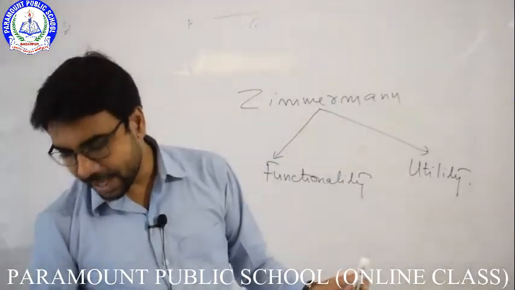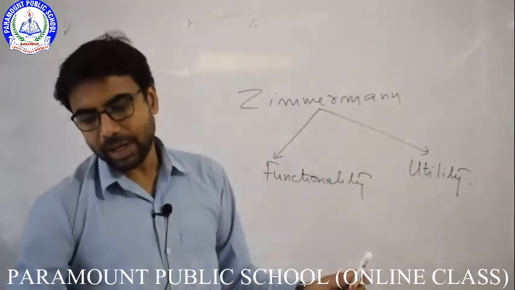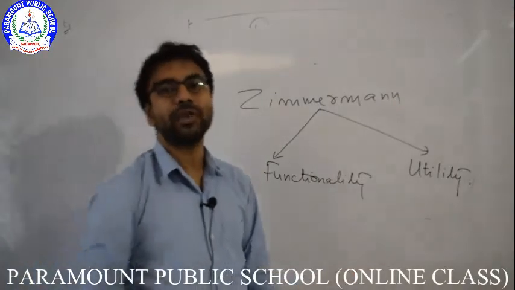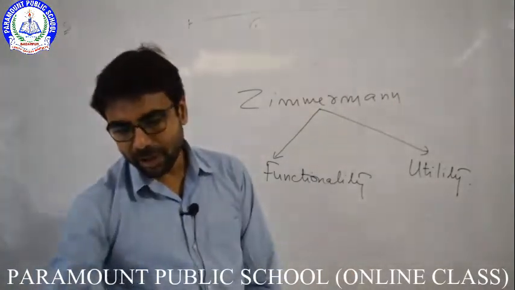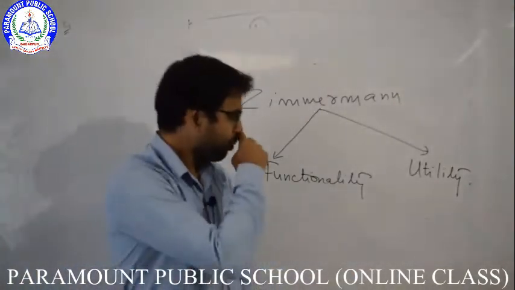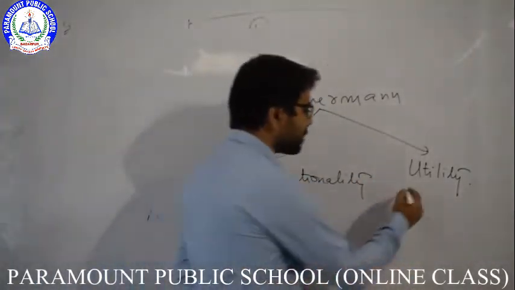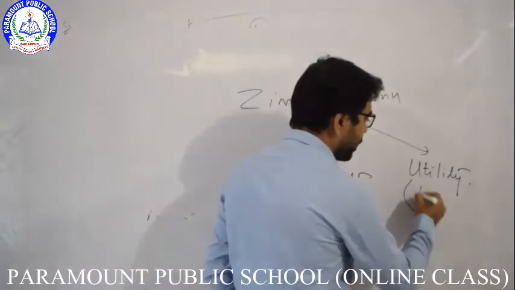The answer is given again in page number 5 in the middle of that paragraph, which starts with the heading 1.3. In page number 5 in the middle of the page, you will find functionality and utility. What does it mean? Utility is very important, it's very easy to understand. Utility means use.